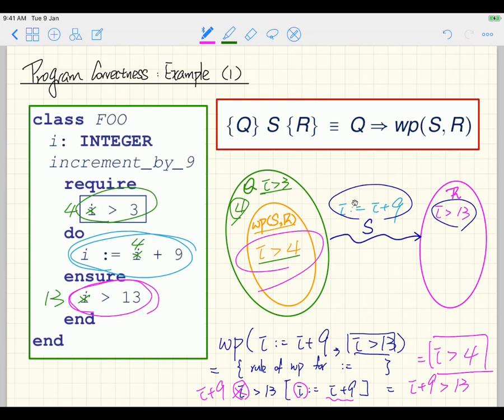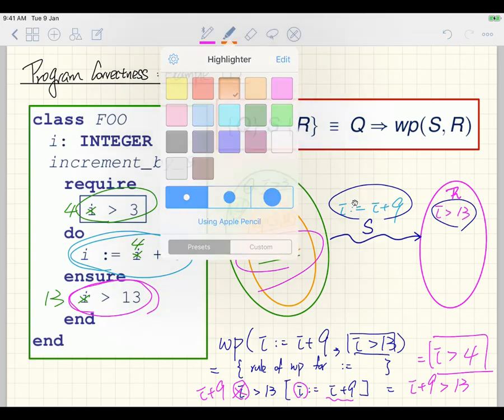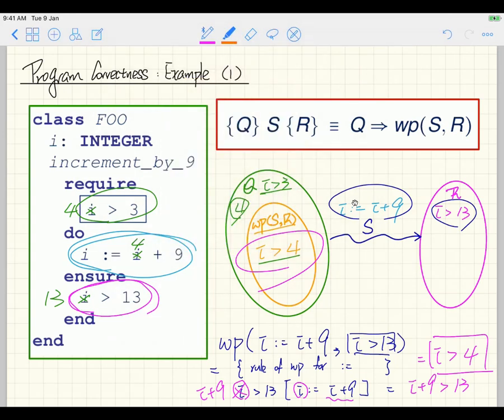Intuitively, does that make sense to you? Think about what we're doing here. Let me just explain for the first one. What we really want in the post state is to say i is going to be larger than 13. So the i that we talk about over here is the post state value for i.